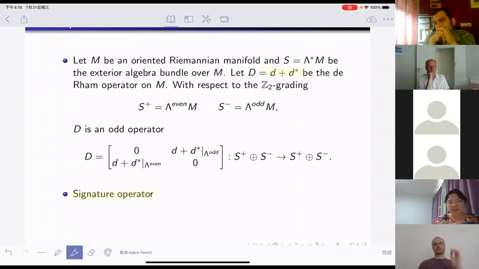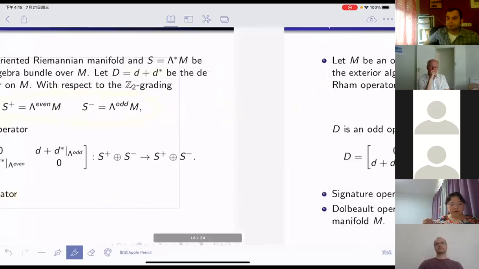Basically, it is the same de Rham operator, but with respect to a different grading, which I'm going to omit. It is some grading specified by the positive and negative eigenspace of the Hodge-Star operator. With respect to that grading, it is called the signature operator, which is also Dirac type.